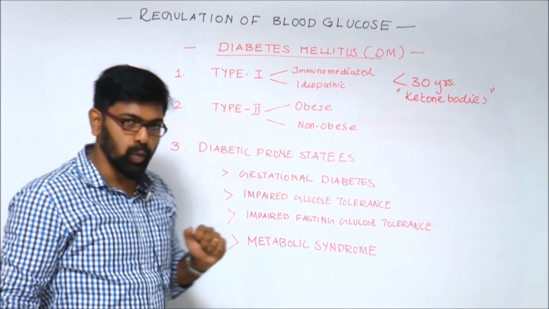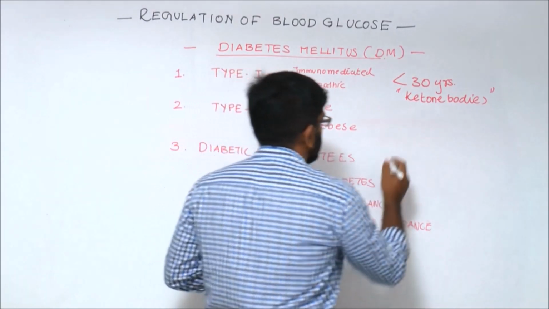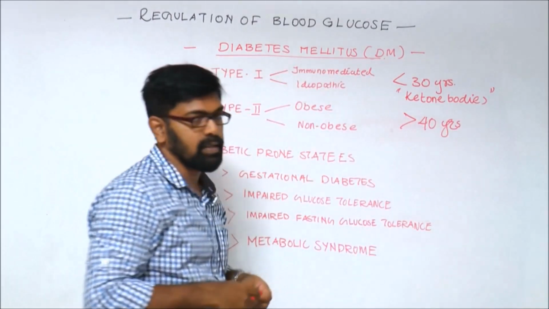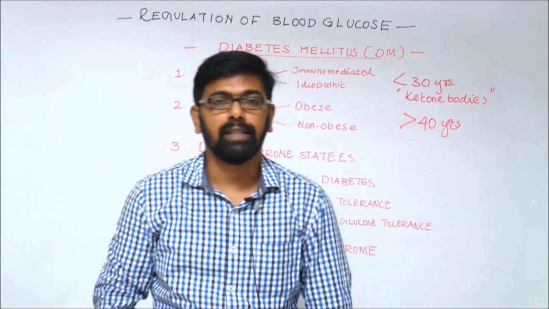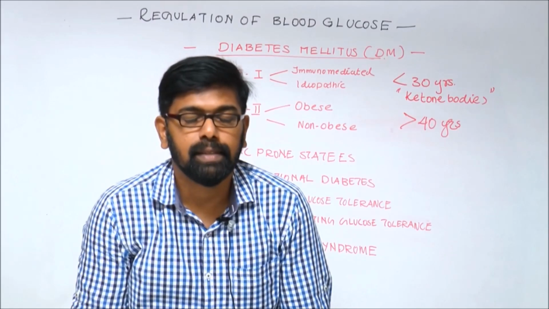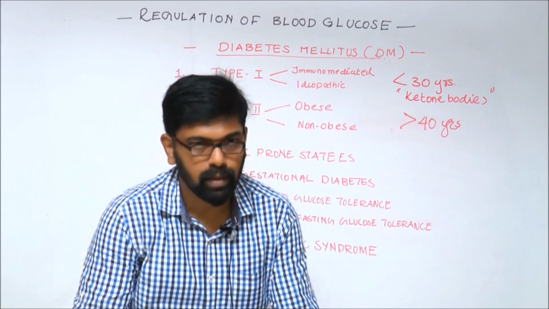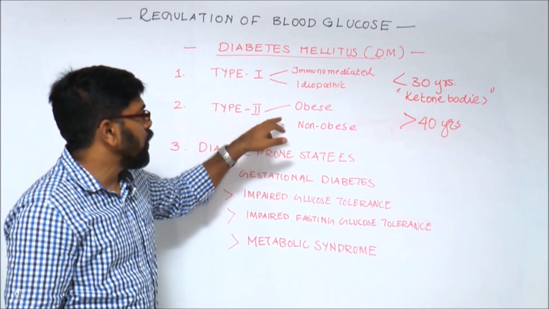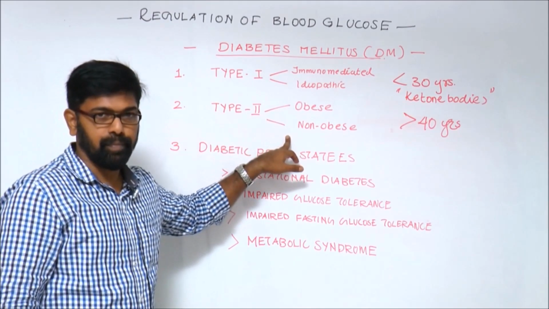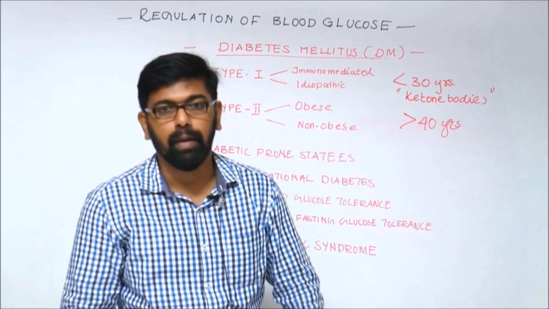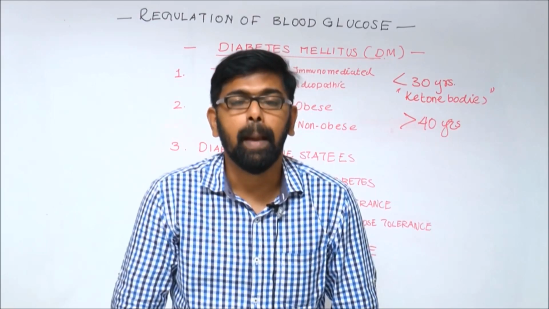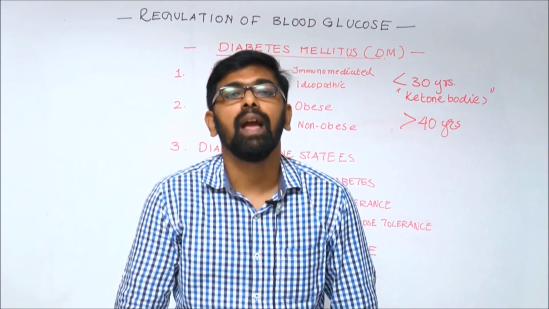Then there is type 2 diabetes mellitus. The age of onset is 40 or more than 40 years, and this can be obese and non-obese. Here, what is the major problem? You are producing enough insulin, but the insulin cannot act.